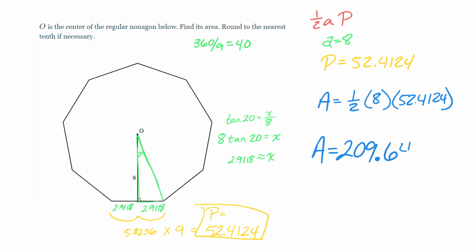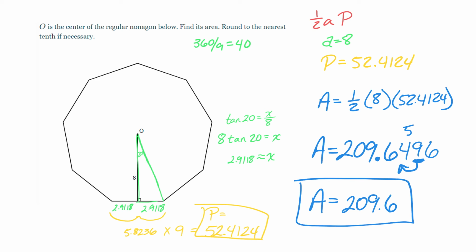This is an interesting, I'm going to write this down just for your benefit here. This does not round up to 209.7. Because even though the 4 gets rounded up to be a 5, remember, only natural 5s round up. A rounded up 5 does not. So our answer would be 209.6. It would actually be approximately that amount because we did do some rounding.